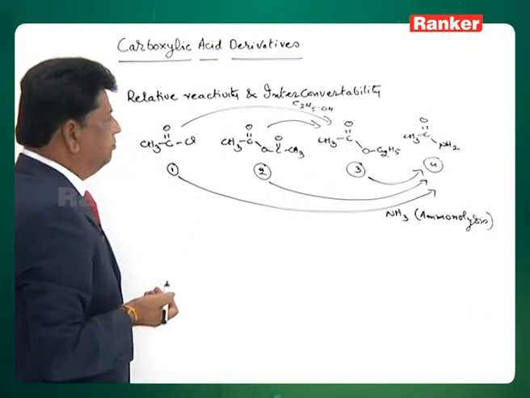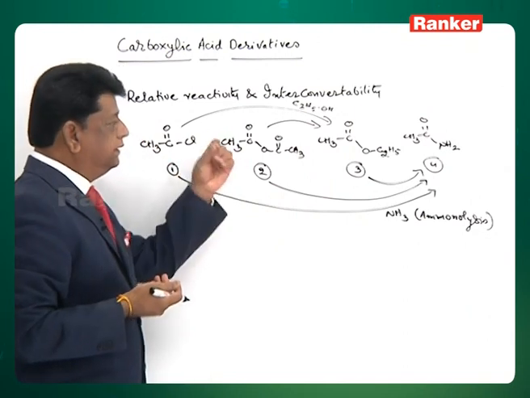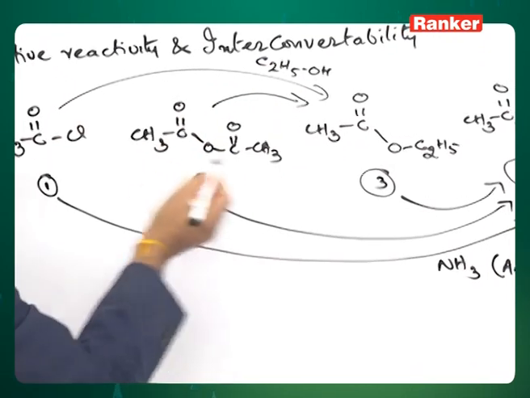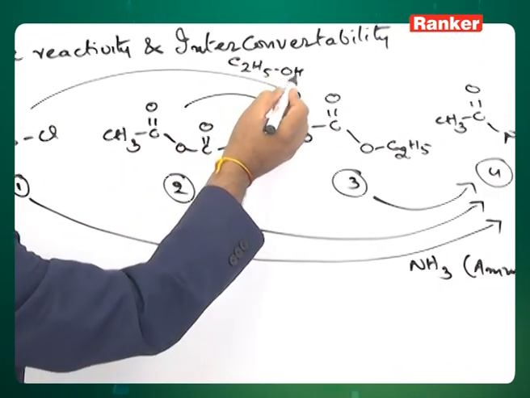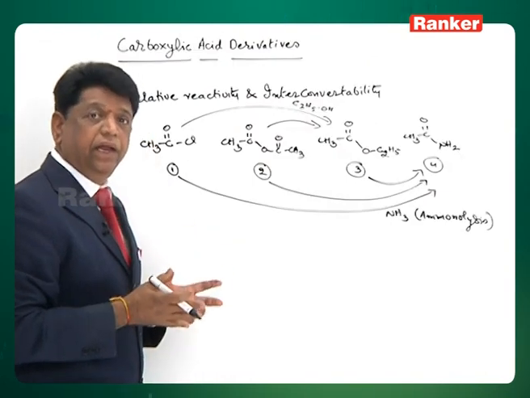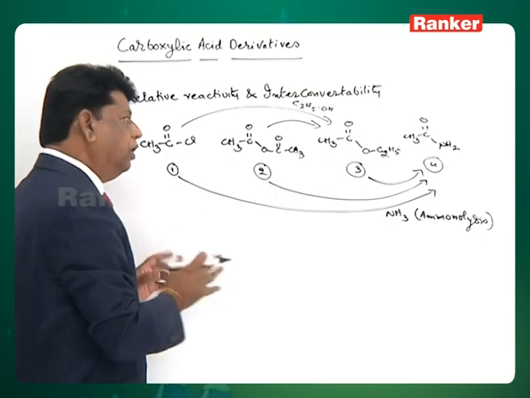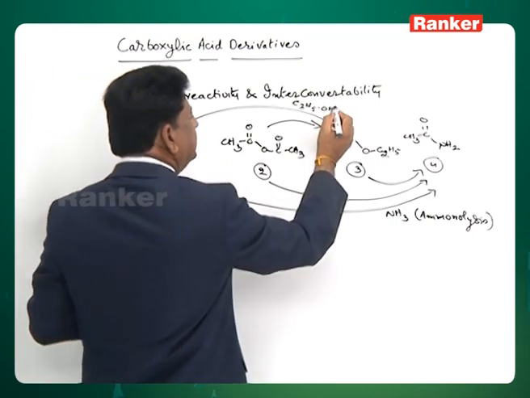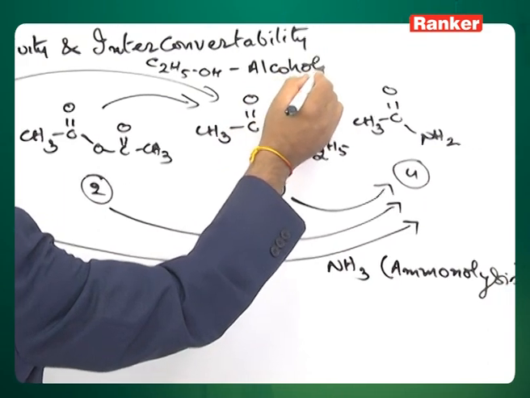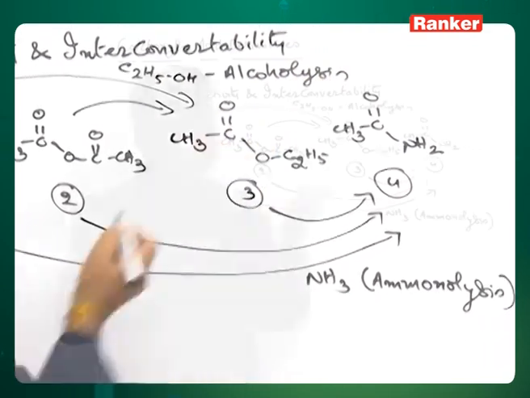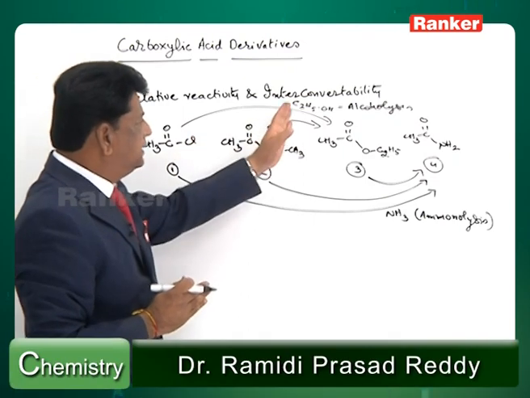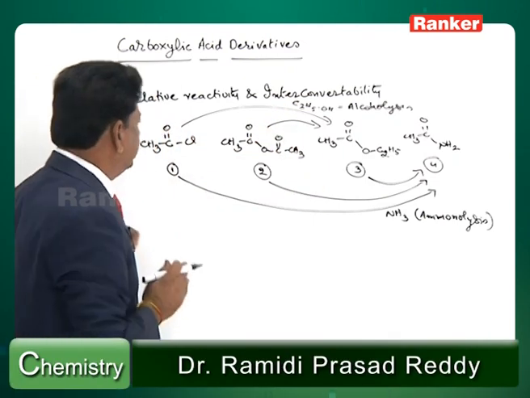However, in these 2 cases, it does not require any catalyst, the ethoxy group replaces this one. If it is in the sodium salt form, a wonderful reaction takes place because a ready-made anion is there. Even with alcohol it is spontaneous. This reaction I can call alcoholysis. Alcoholysis means cutting the compound into 2 pieces, adding one side H, one side alkoxide, and you will get the ester.